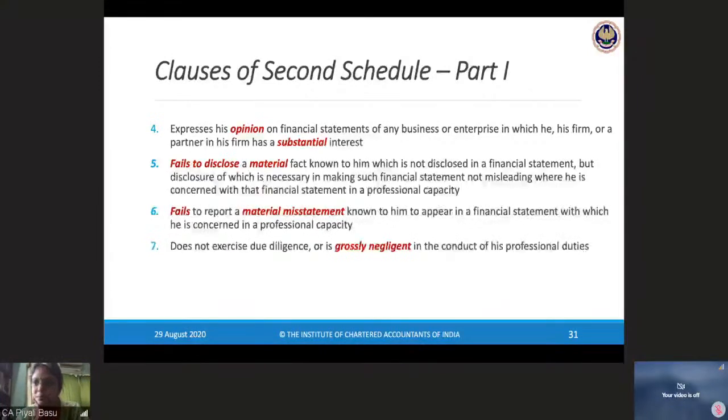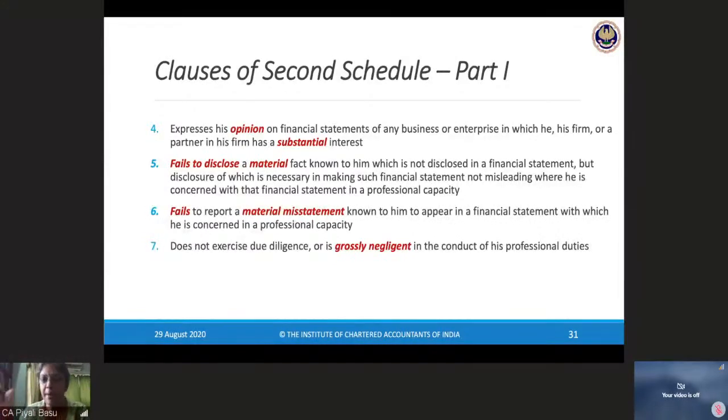Okay? What is material? Clause 5 talks about a member in practice who fails to disclose a material fact which is known to him and is not disclosed in the financial statement, but disclosure was necessary in making such financial statement not misleading, where he is concerned with the financial statement in a professional capacity.